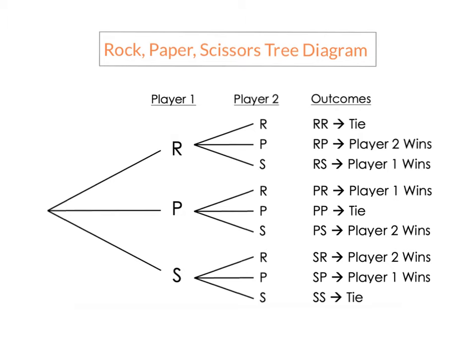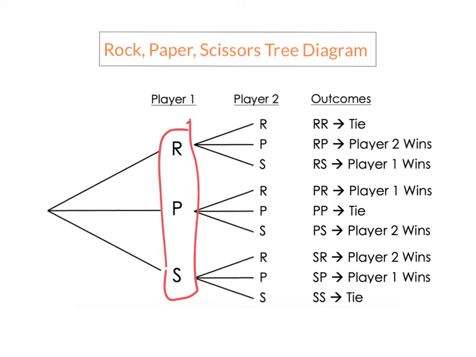Let's look at another example. This is a rock, paper, scissors tree diagram. So player 1, we talked about this, has an option of choosing rock, paper, and scissors, and then player 2 has those same 3 options. And then we can see the outcomes for each game.